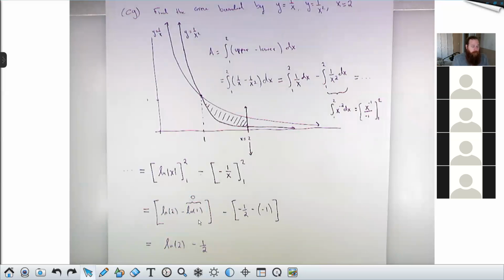Okay, so in the situation where your functions are what they usually are, y equals a function of x, like y equals f of x or y equals g of x, just integrate the upper minus the lower. Maybe you have to split it up depending on whether your functions cross over each other or not. But that's not the only setting we care about. Sometimes your curves come where instead of having y as a function of x, x is a function of y.